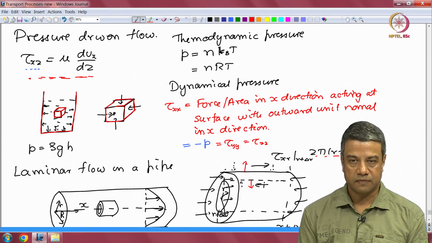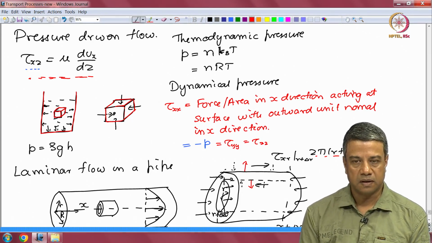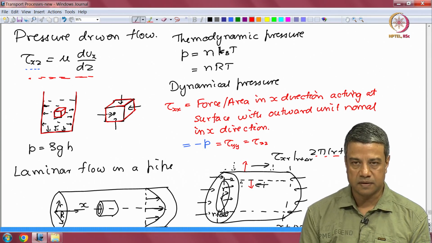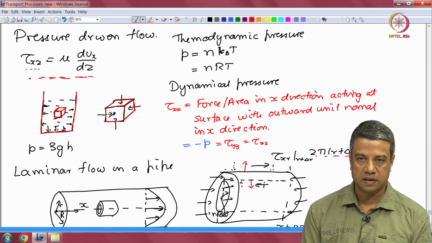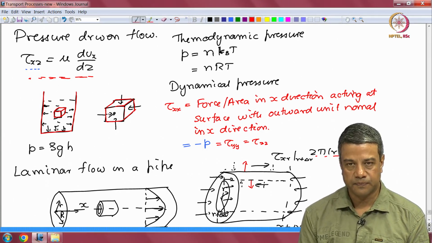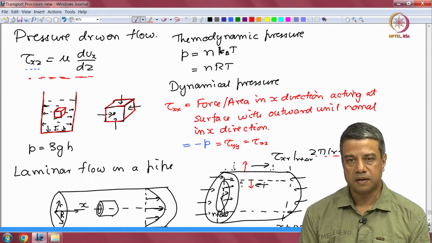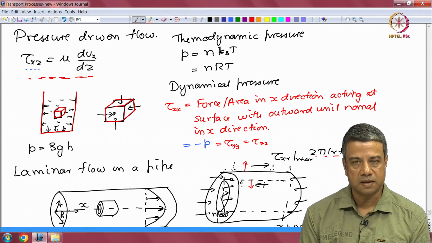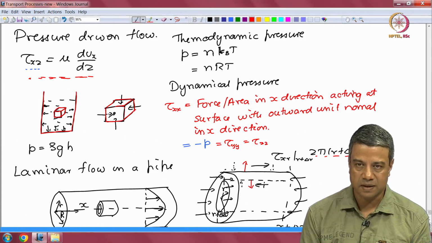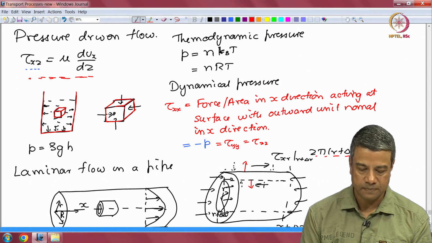This is for a static fluid in the absence of any flow. All the normal components of the stress are equal to minus the pressure in the absence of flow. In the presence of flow, of course, this relation does not hold, but for a static system, the pressure is equal to minus tau xx equals minus tau yy equals minus tau zz.